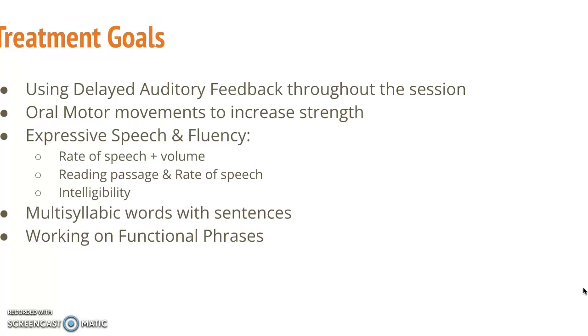In addition to that, we also work on his intelligibility. We work on having him elicit multisyllabic words, in addition to implementing them into sentences, and we work on functional phrases that DP uses in his day-to-day life when speaking to others.